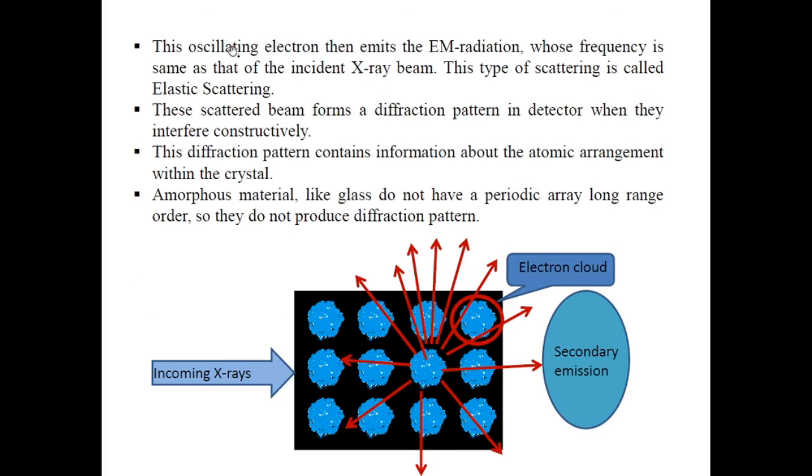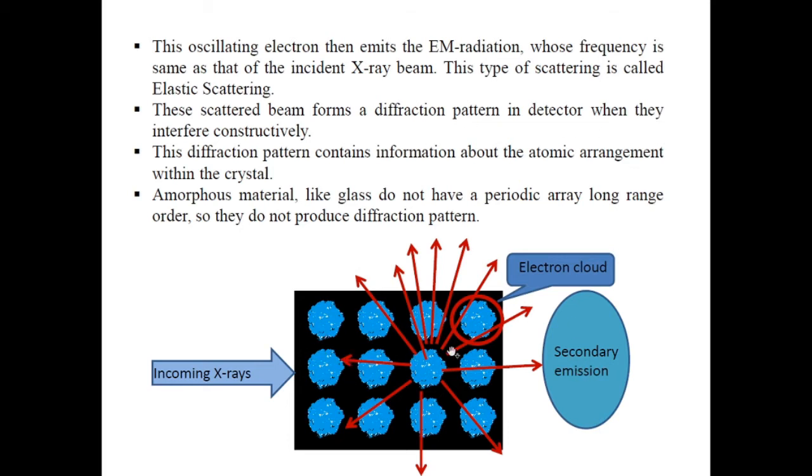You can see here, this oscillating electron then emits electromagnetic radiation whose frequency is the same as that of the incident X-ray beam, and this kind of scattering is called elastic scattering. There is no loss of energy. The incident beam has not lost its own energy. Whatever beam has been emitted is a secondary emission.